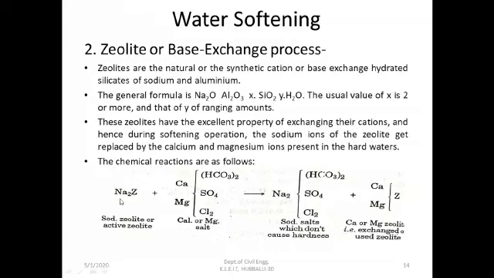The sodium ions of the zeolite get replaced by the calcium and magnesium ions present in the hard water, and it gets exhausted.